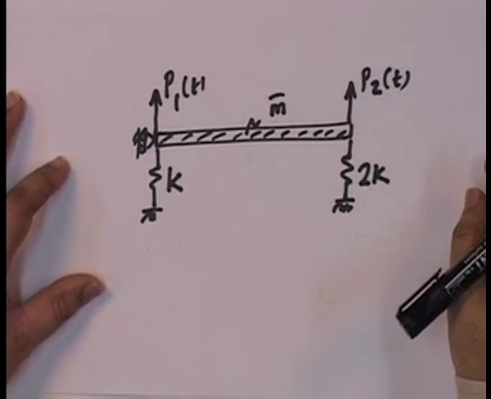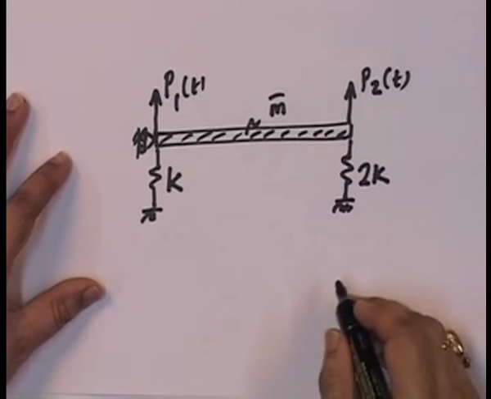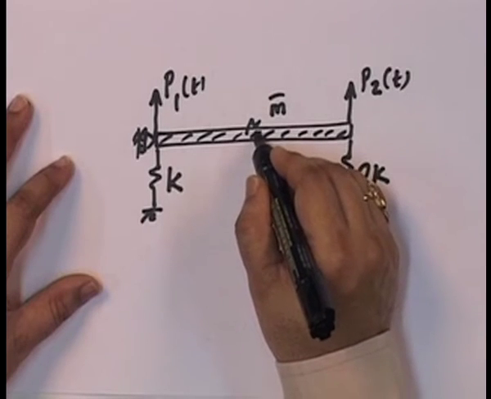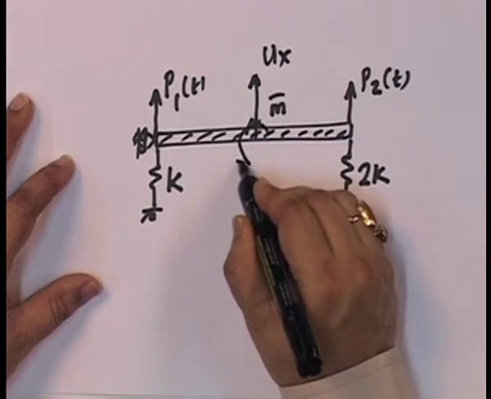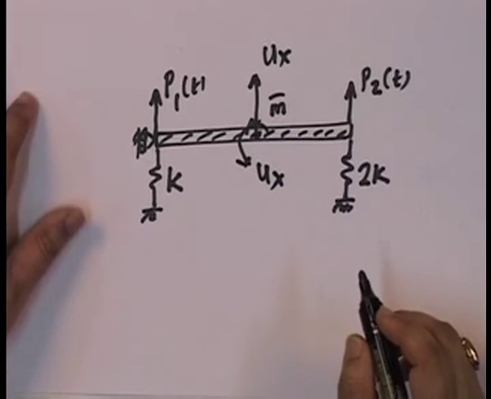Okay. So, if I give it an arbitrary displacement, and I still define my degrees of freedom at the geometric center as u x and u theta. So, they are at the geometric center.